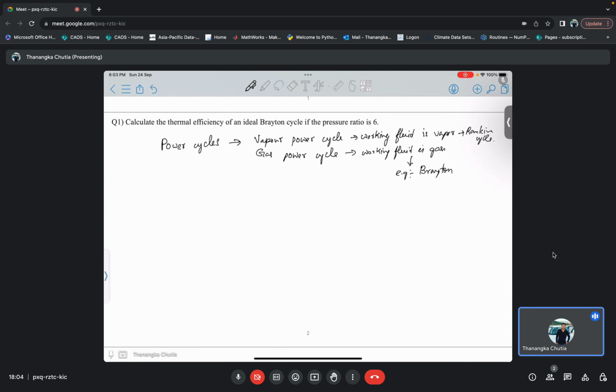Clear? So today we will be dealing with sums that are related to the Brayton cycle. Before doing the sums, let us come across what a Brayton cycle is.